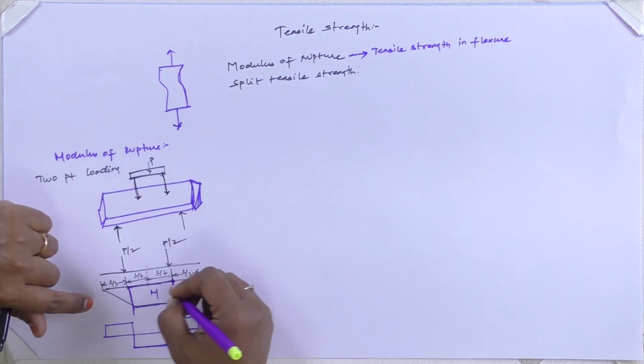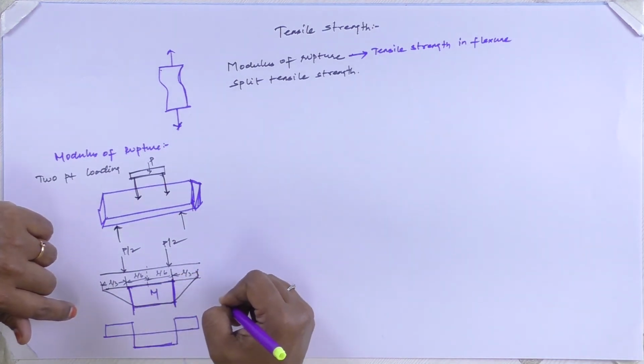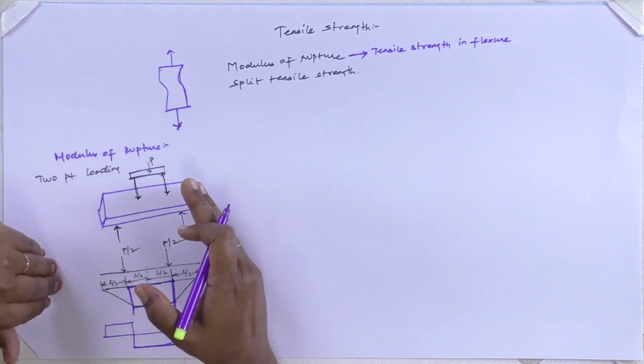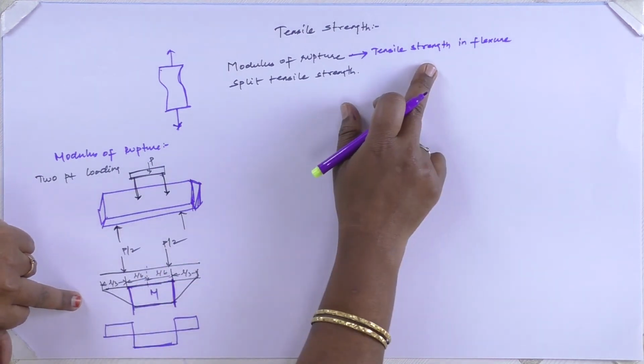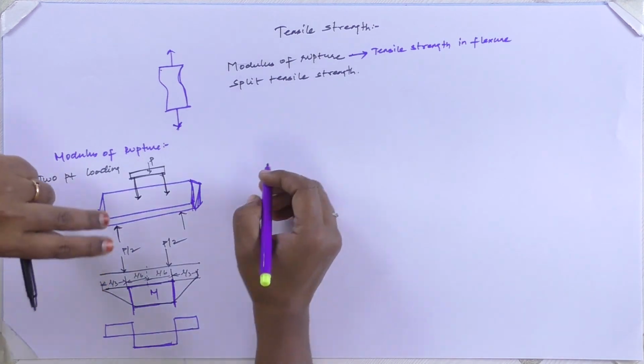So based on this, we will be getting the tensile strength of the concrete. So this 2-point loading is a standardized test to determine the tensile strength of the concrete. That is nothing but modulus of rupture.